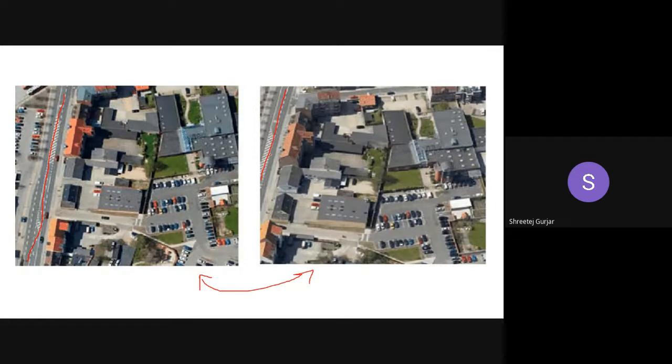It is half cut. Here you can see this particular parking, but here that particular parking has shifted to the left. So this is nothing but images taken at slightly different positions. So this pair of photos is called stereo pairs.